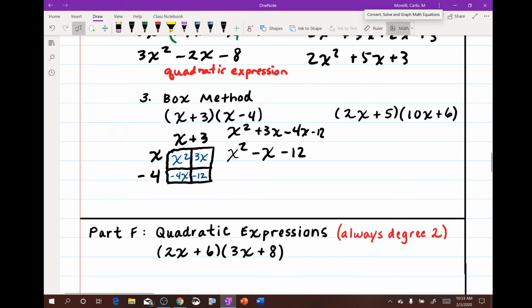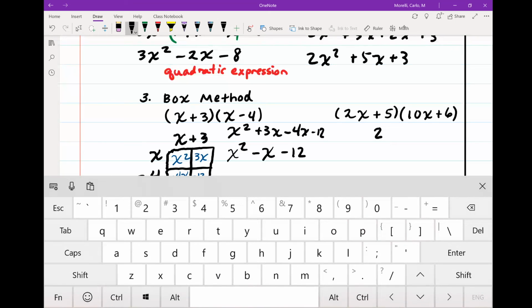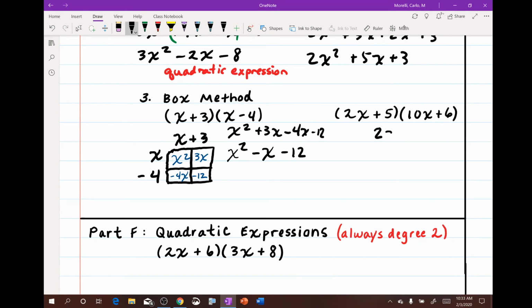Let's do the box method for this one. 2x plus 5 on top. Then the 10x goes here, and the 6 goes here, like positive 6. Okay, here's your box.